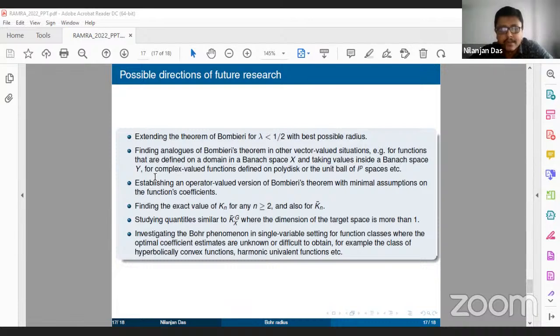For example, the Bohr phenomenon can be investigated for function classes for which the optimal coefficient estimates are unknown, like hyperbolically convex functions or harmonic univalent functions. Those are some problems worth attempting.